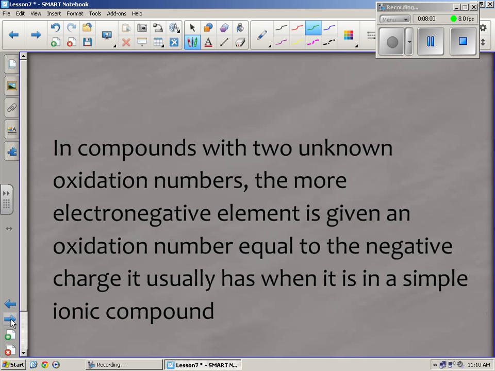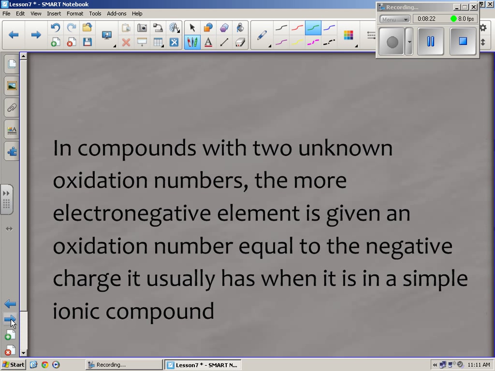All right? In compounds with 2 unknown oxidation numbers, so if you get to a compound and you don't know 2 of them, maybe there's no hydrogens and oxygens in it, maybe there's just 2, and you don't know which one to start with, you start with the more electronegative atom and assign it its normal charge.